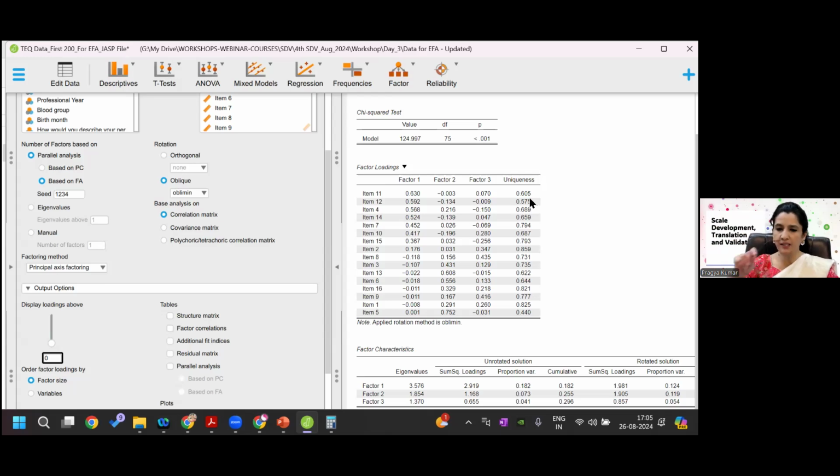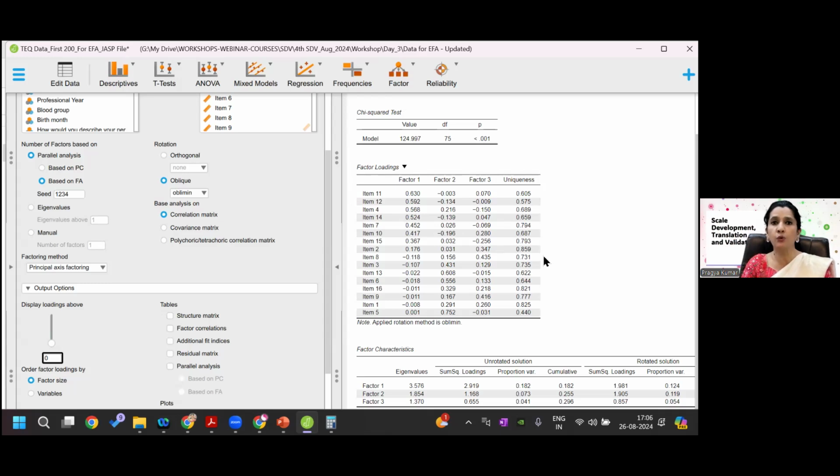Now you can see every item is getting loaded on all the factors. But what is the criterion? If there is a strong loading of one item on a particular factor, that particular factor we are going to accept.